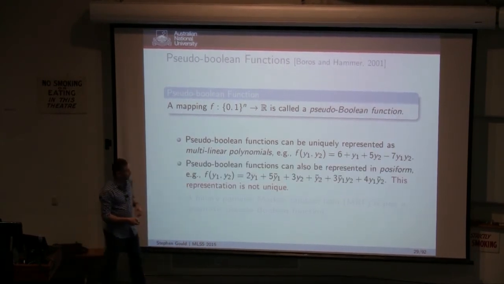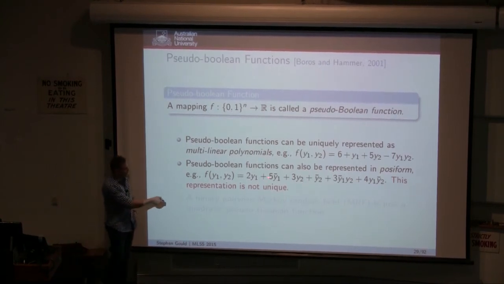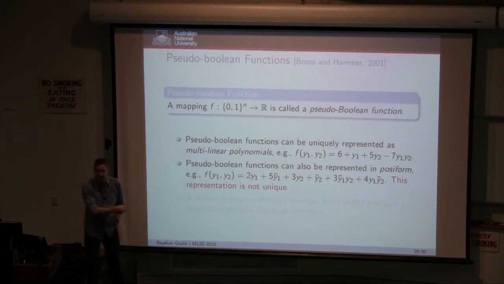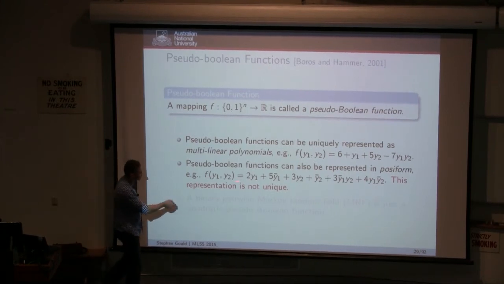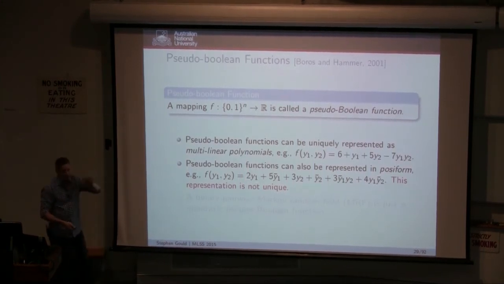There's an alternative representation, known as a Posiform, where I introduce these negated copies of the variables, so the y and its complement. I can write out the pseudo-Boolean function in this way, where every coefficient is non-negative, and the 0s you drop.